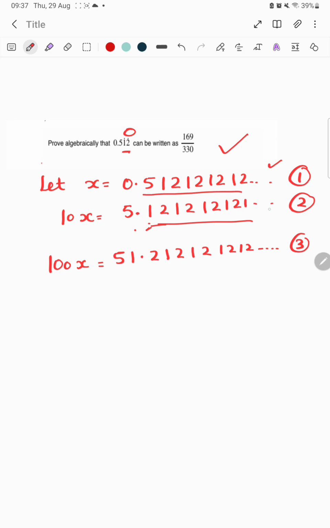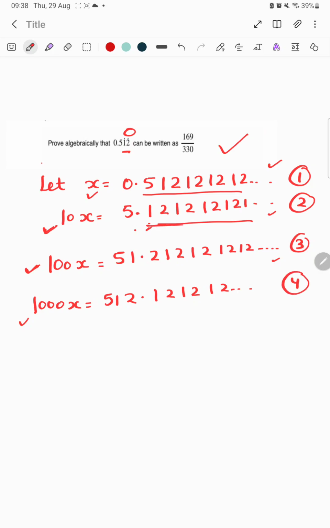If I look at the three equations, the decimal parts of any two equations are still not the same, so I will again multiply by 10. So it will be 1000x. You can consider you are multiplying x by 10, x by 100, x by 1000, or you can multiply the second equation by 10, then the third equation by 10, and so on. Now I got 512.121212 and so on.